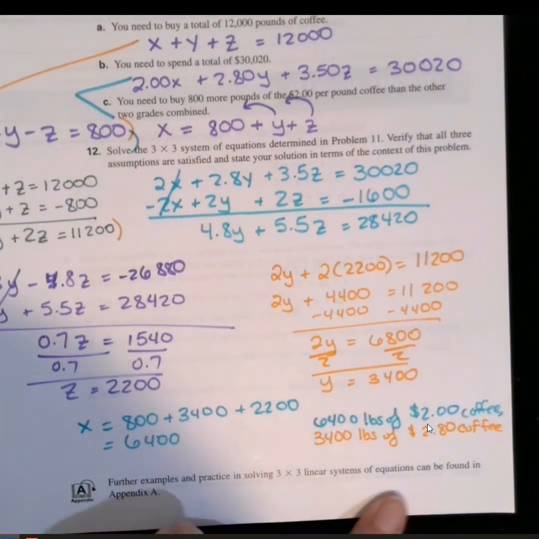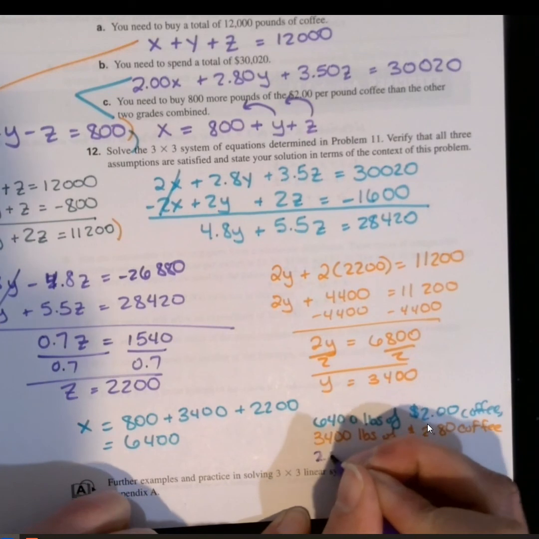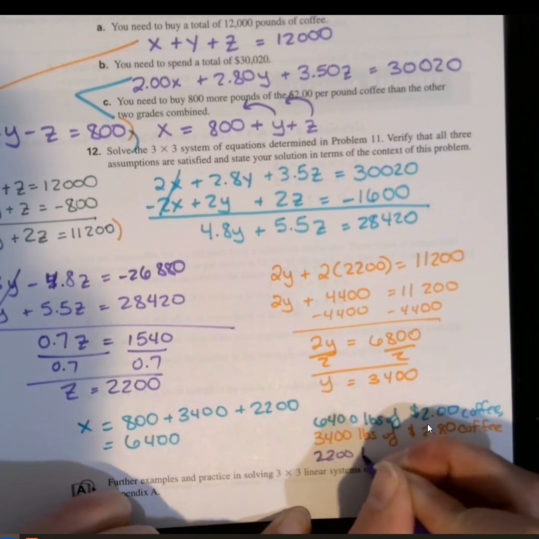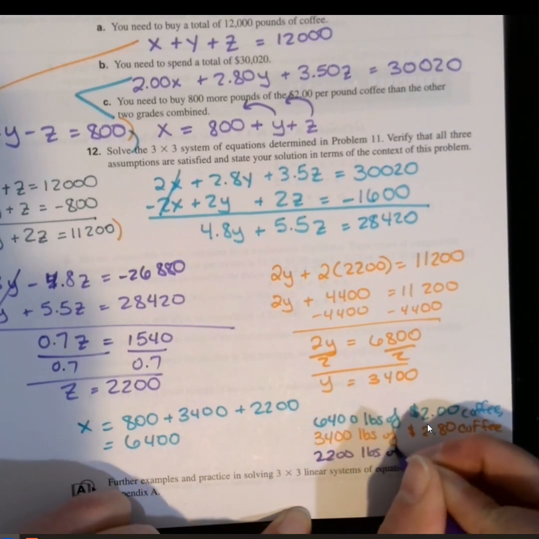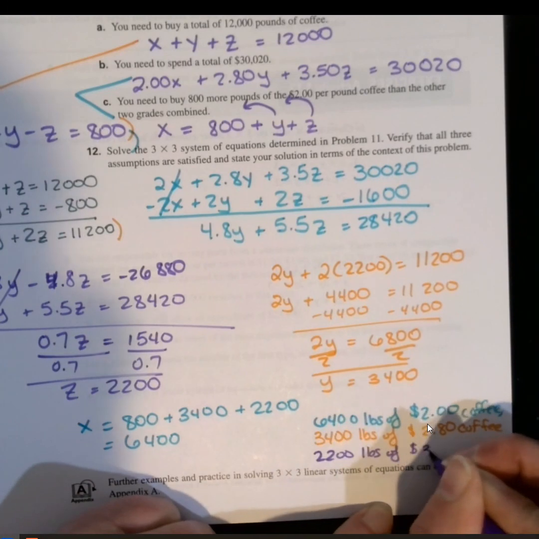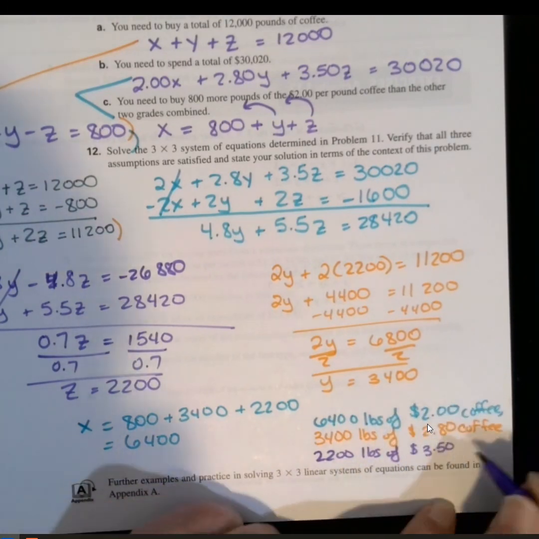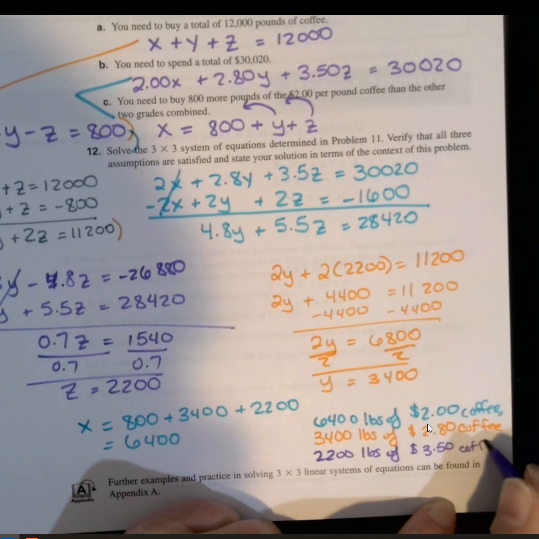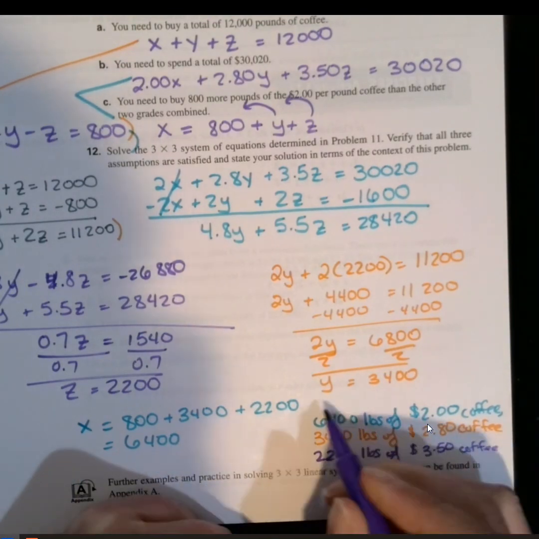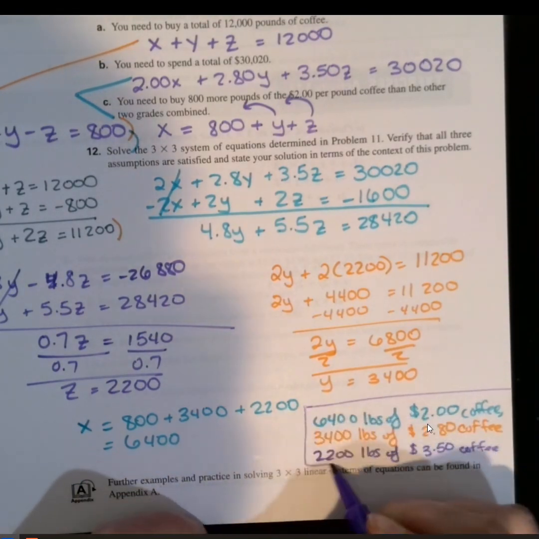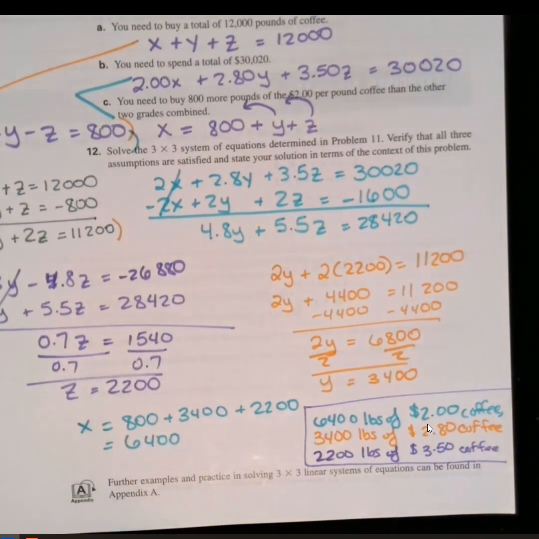And we need 2,200 pounds of the $3.50 coffee. Story problem, so I don't need the ordered triple for the solution. I just need the interpretation of the solution.